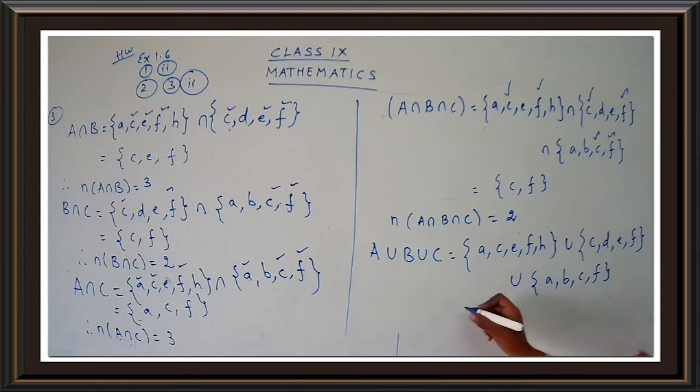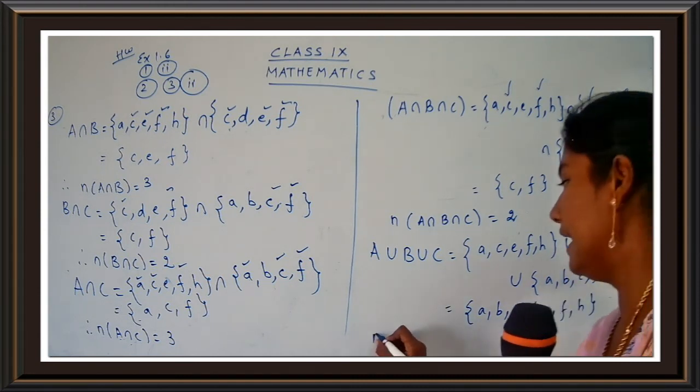Union means you are going to write down all the members together. So I am just going to write them down in alphabetical order. A is present, B is present, C, D, E, F are present, G is not there, H is present.